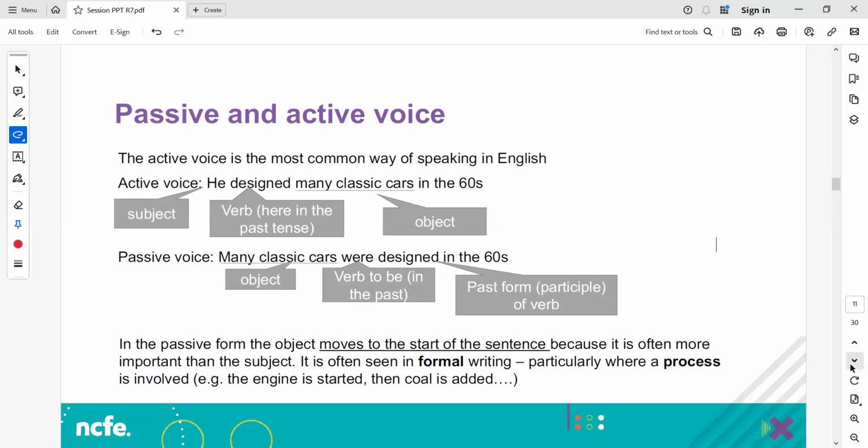In the passive form, the object moves to the start of the sentence, because it is often more important than the subject. It is often seen in formal writing, particularly where a process is involved. For example, "The engine is started, then coal is added." The active voice would be "She started the engine, she added the coal", but the passive voice is "The engine is started, then coal is added."